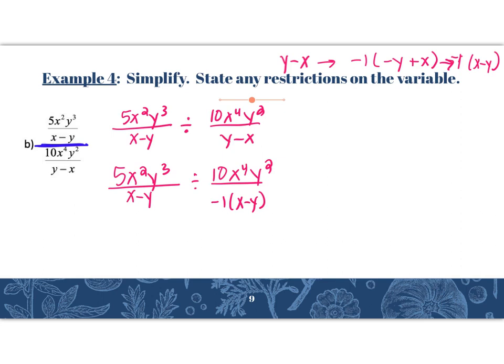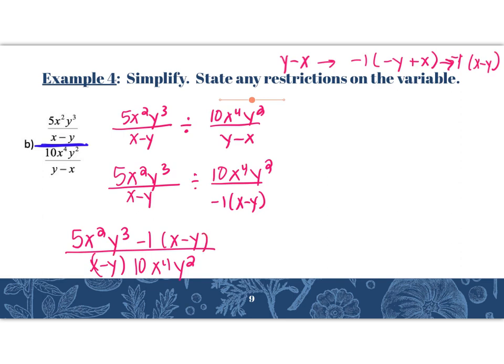So now I'm going to go ahead and multiply by the reciprocal. So I have 5x squared y cubed negative 1 x minus y over x minus y times 10x to the 4th y squared. Right? When you multiply straight across.